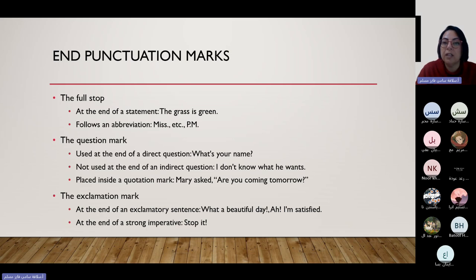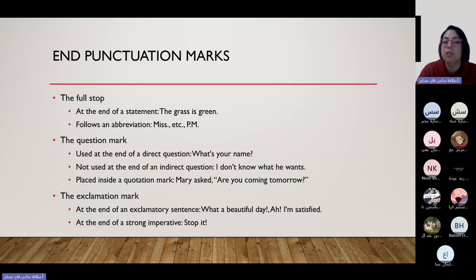We need to understand the difference between a direct question and an indirect question. In a direct question, the verb is before the subject. That's why it's a direct question. In an indirect question, the subject is before the verb, and we don't use a question mark.